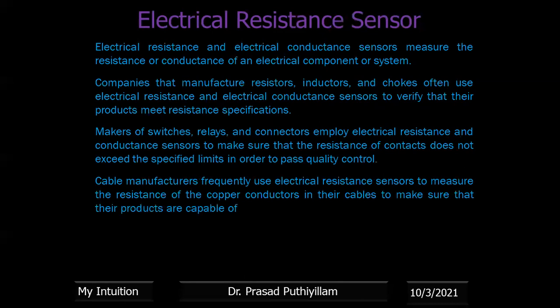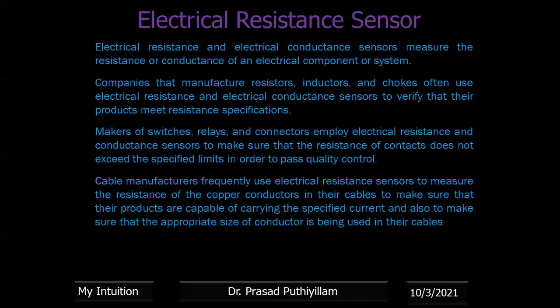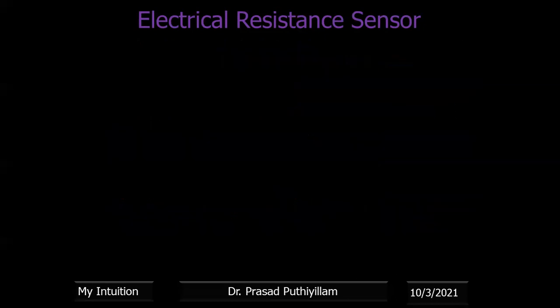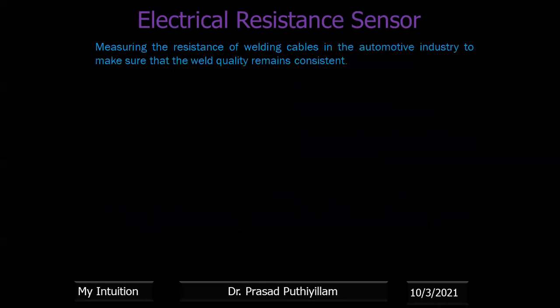Cable manufacturers, which usually work with copper metal, also use electrical conductance measuring sensors to check the properties of the copper wire, so that when it is used as a cable material, it will meet the specifications.